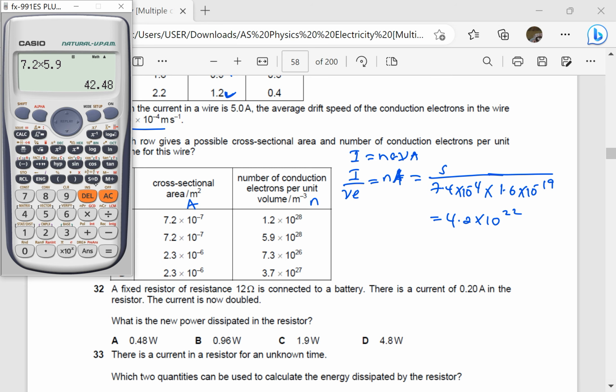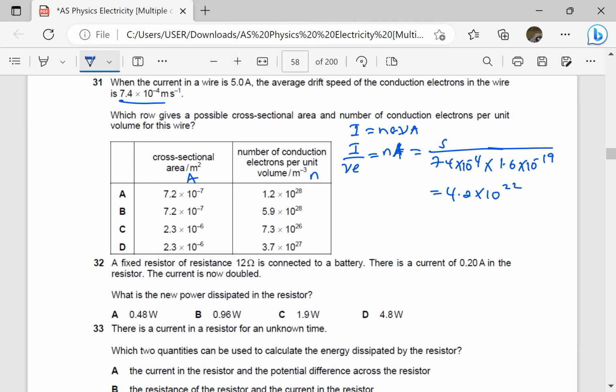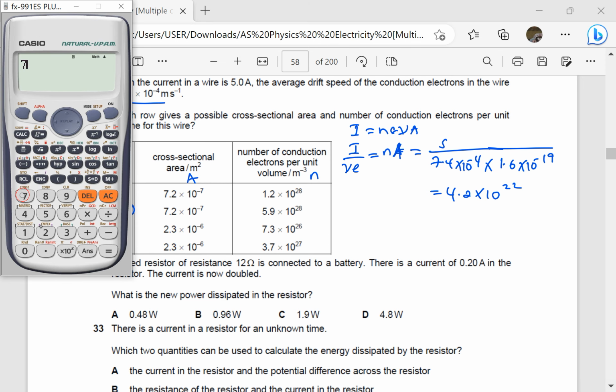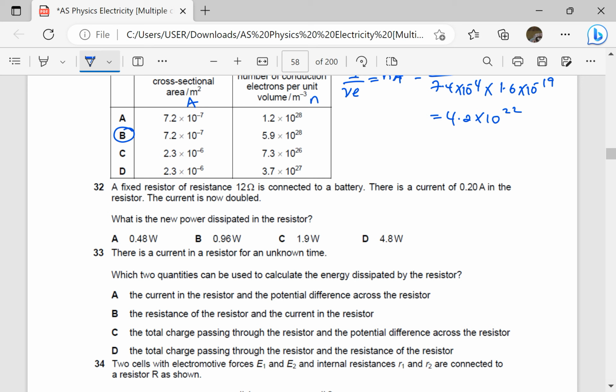Okay, so the answer is going to be B. You can check carefully. 7.2 exponent negative 7 times 5.9 exponent 28. So it is 4.2 times 10 power 22. So the answer is going to be B.